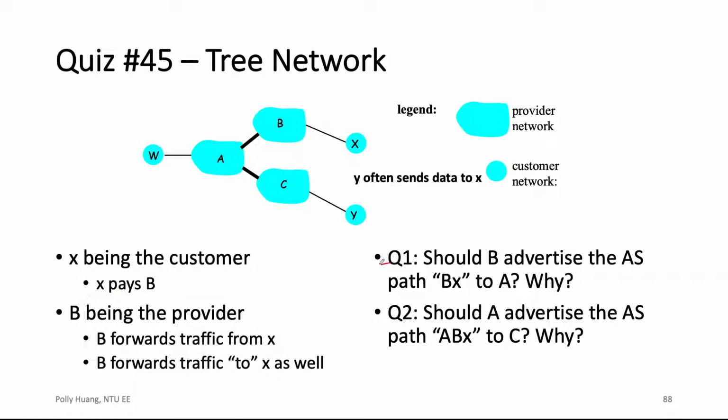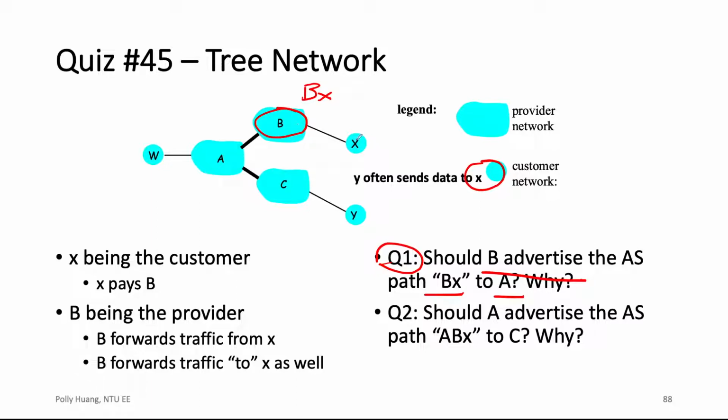Okay, Q1 asks, should B advertise the AS path BX to A? So where's B? B is here. Okay, there's an AS path BX. Because destination is X, right?